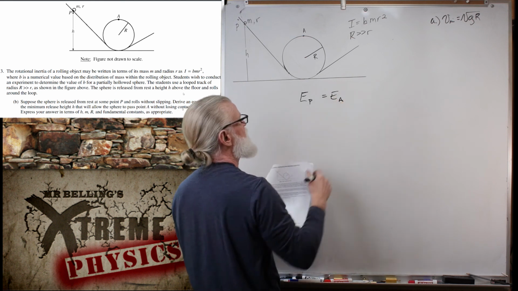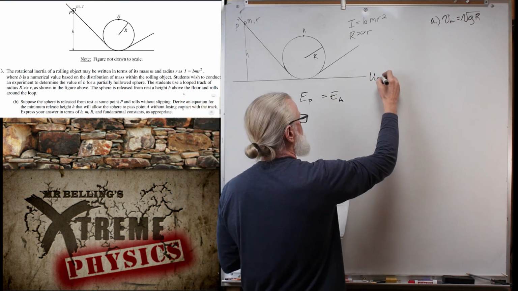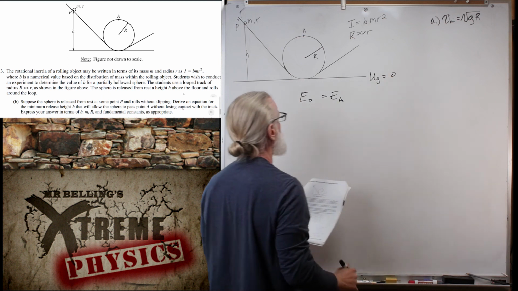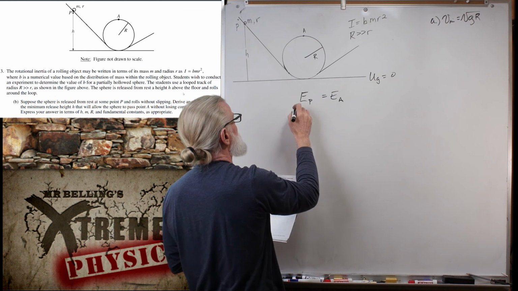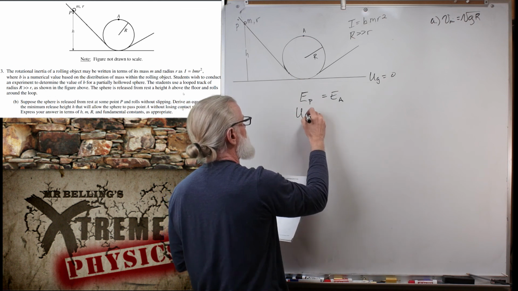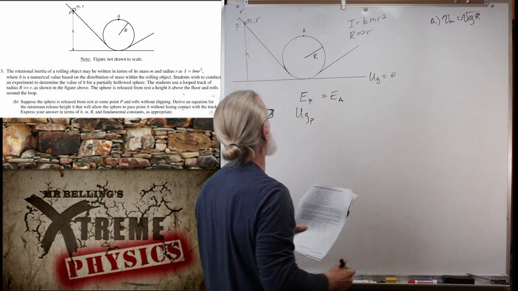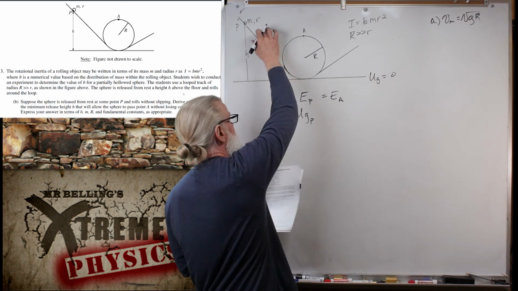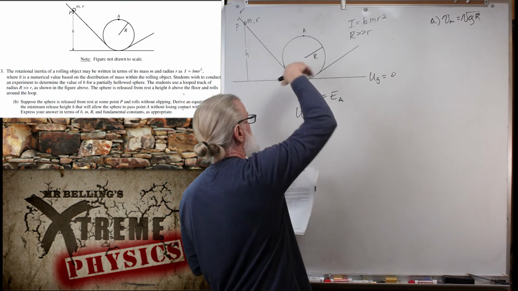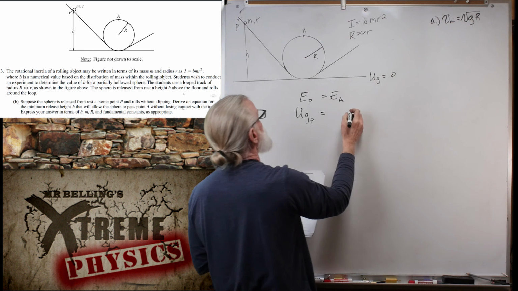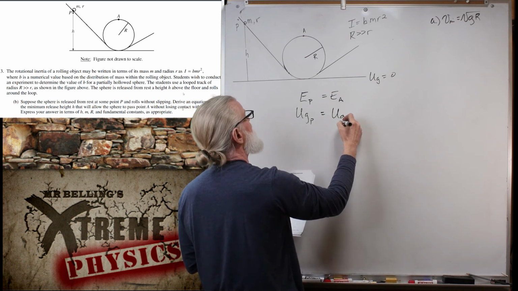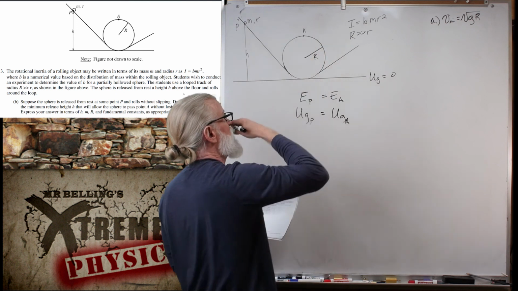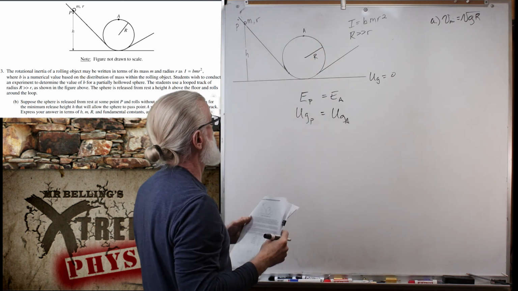I'm going to call gravitational potential energy 0 at the floor. So the energy at P is just gravitational potential energy, because it's not moving. There's no kinetic energy, no work being done between here and here. That equals the gravitational potential energy at A, because it does have height at that point.